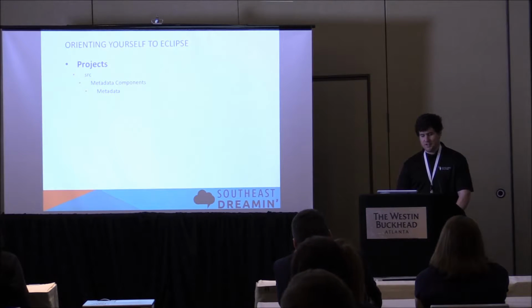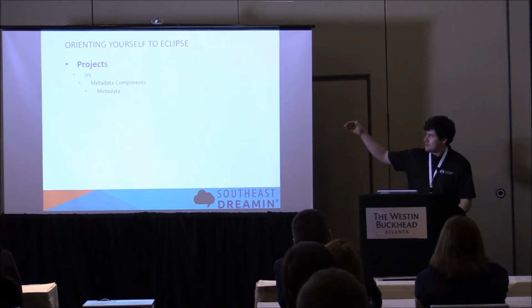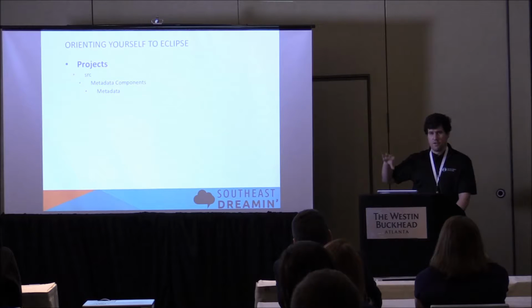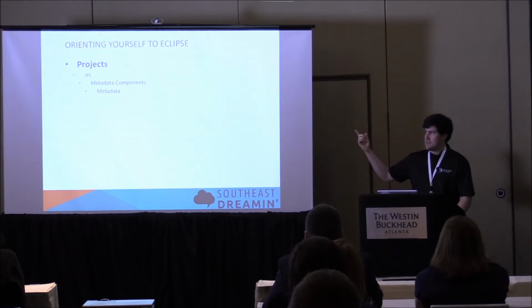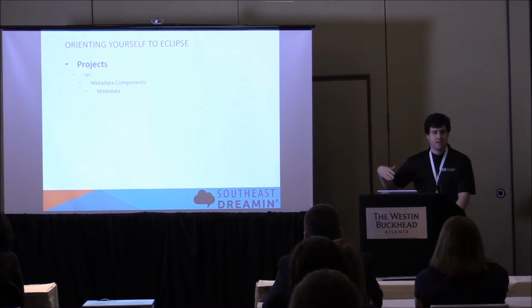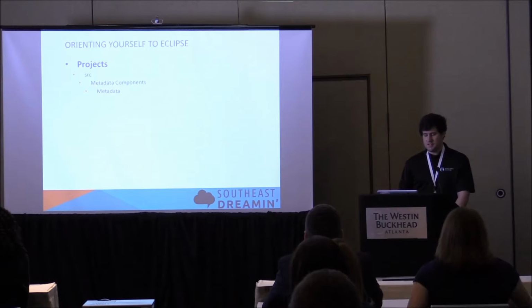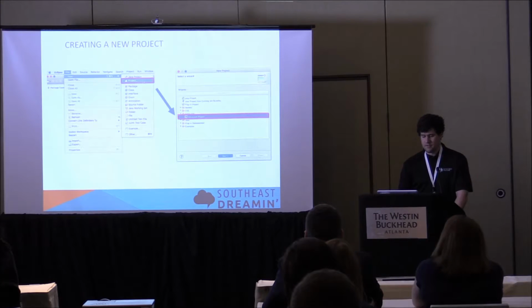So what is a project? It's got a little tree. So the metadata components and the metadata, that's where you're going to live. The metadata components are the different groupings, and inside that we have the details. So objects would be your metadata components, and in there you'd have account, contact, and you could dive in and see what's actually going on there.